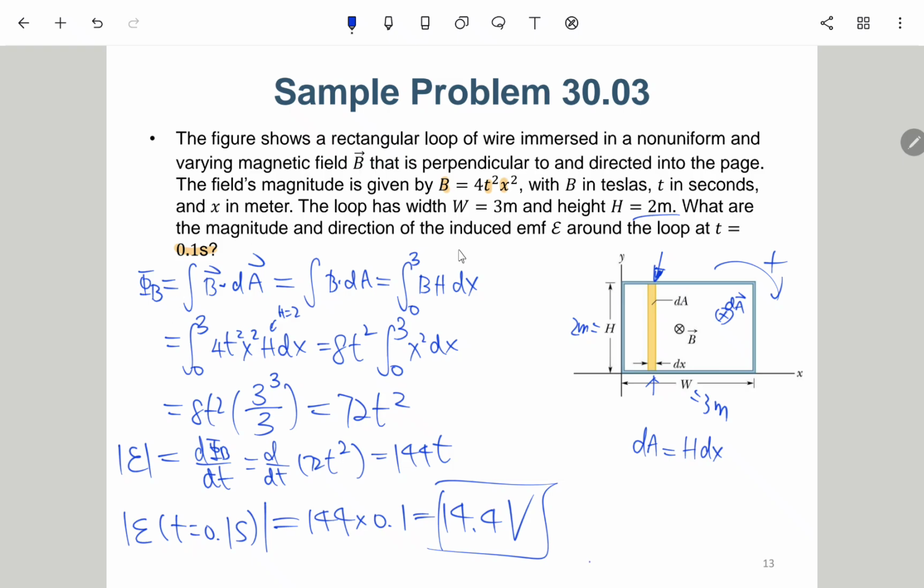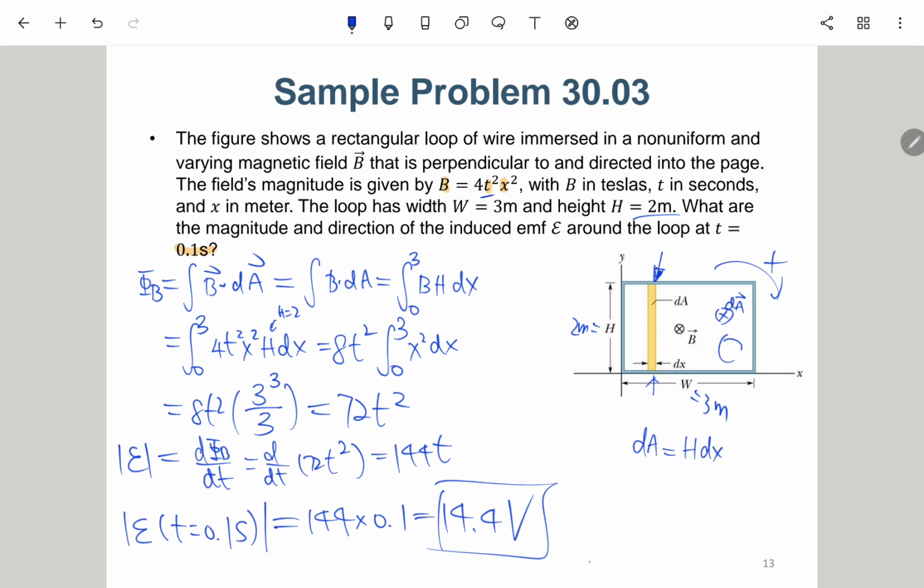Okay, so this is the magnitude, and what is the direction? Here we can see that the B field is into the page for t a positive value. The B field is increasing when t is increasing. So we expect the magnetic flux to be pointing into the page and increasing.